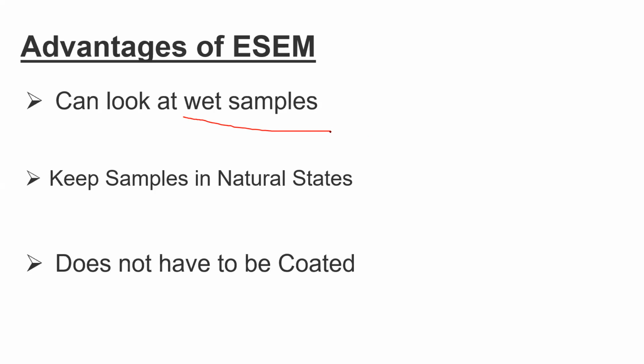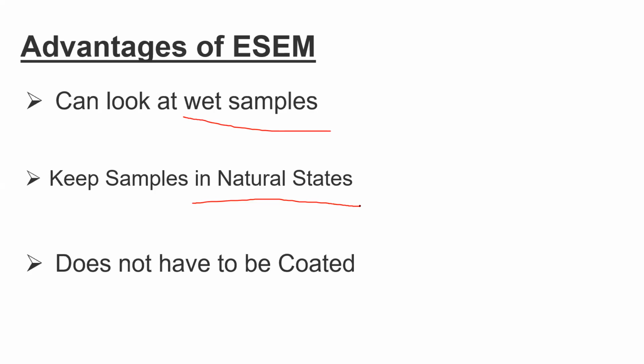But here we can use wet samples, making use of this eSEM. In the eSEM, we can keep the samples hydrated and image them in their natural state. So we are not going to dry, and we are not going to distort the topography of the sample.